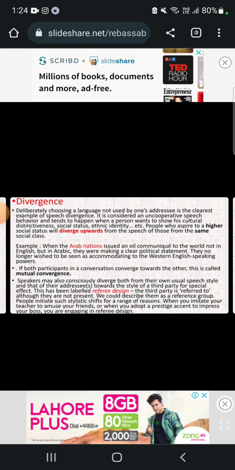Then there is the concept of referee design. Speakers may also consciously diverge from their own usual speech style and that of their addressee. Sometimes they differ from their own style and also from the listener's style, and they adopt a third party's style for special effect. This has been labeled referee design. The third party is referred to although they are not present. We could describe them as a reference group.